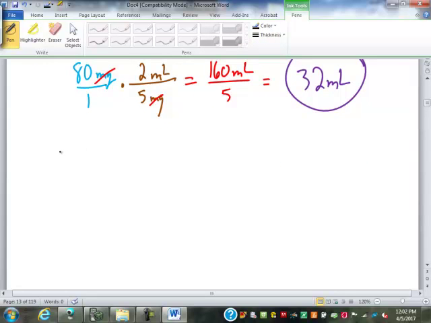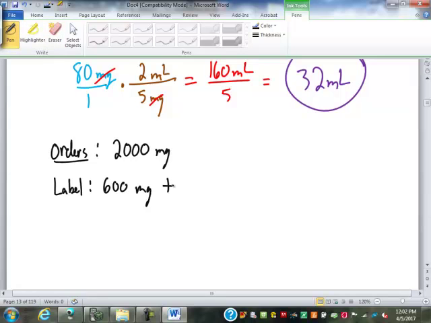We might have orders for 2,000 milligrams of medication to be given to the patient. And our label on the bottle says this comes in 600 milligram tablets.